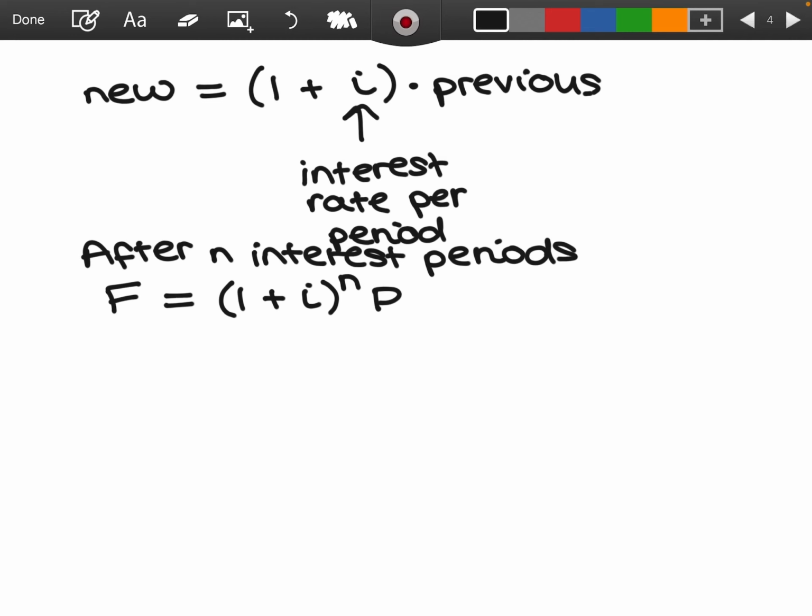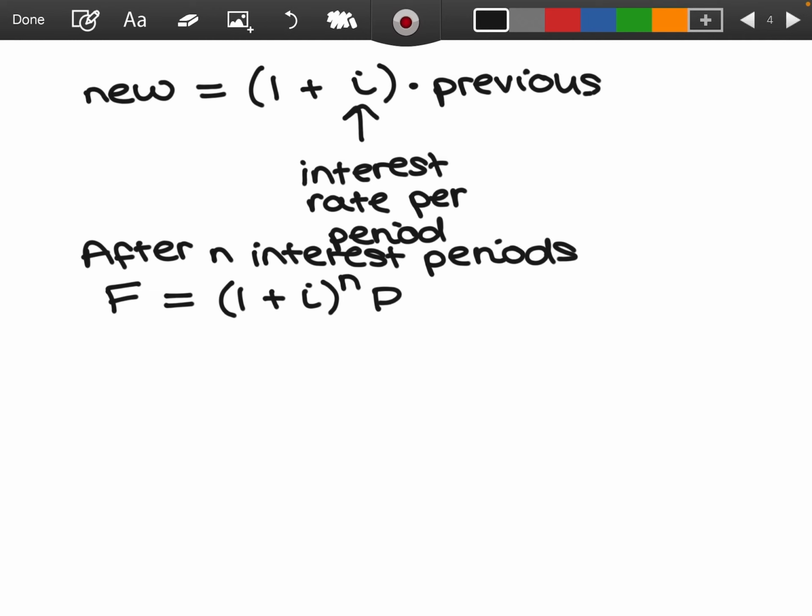So I took my principal, I multiplied it by 1 plus I. That gave me my next value. If I multiply by 1 plus I again, it gave me that next value. And I can keep doing this.